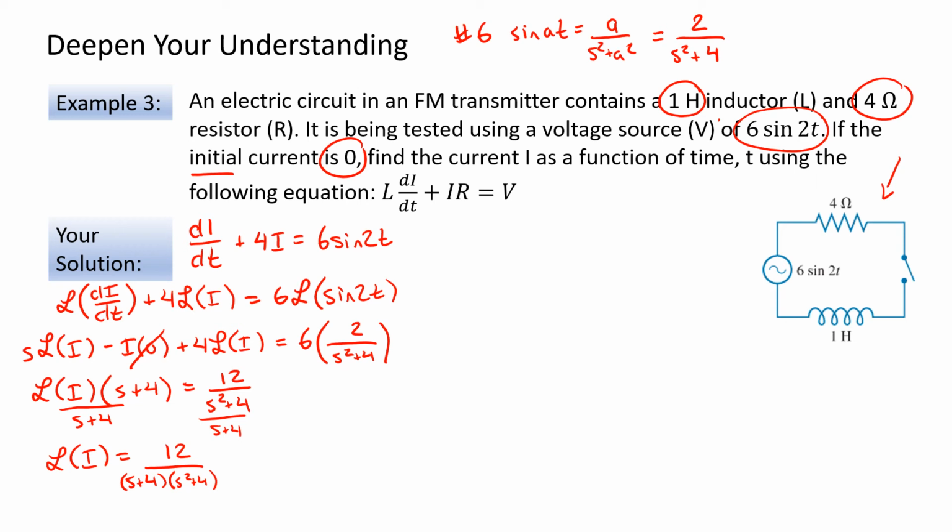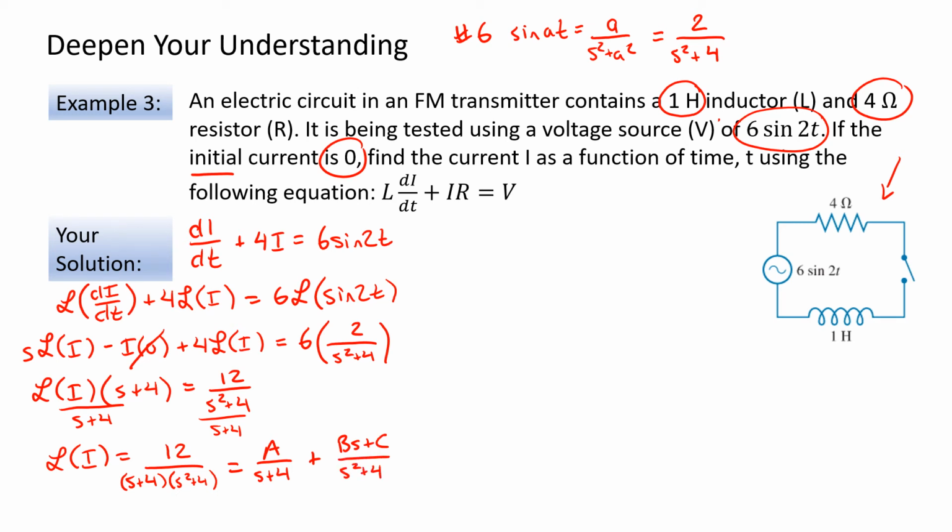But we have a second order function here, because it's s squared. So remember, there's one more step to do. When you're writing it as partial fractions, you have A divided by the first term, which is s plus 4. Since the second one is second order, our numerator has to be first order, which is B times s plus C divided by s squared plus 4.